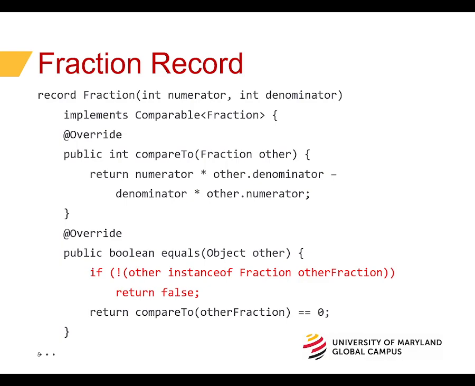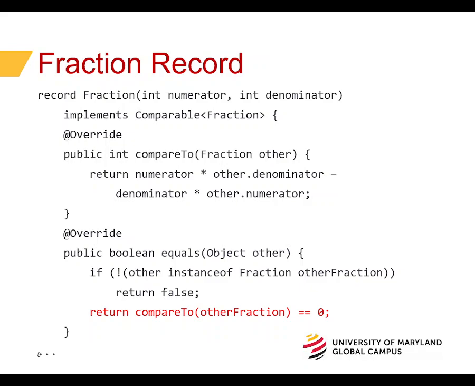The syntax in this if statement is an addition to Java 14, referred to as an enhanced instance of, which spares the need for a typecast. If the parameter is not a fraction, false is returned. Otherwise, other fraction is an implicit typecast of other. The compare to method is called to check whether they are equal.